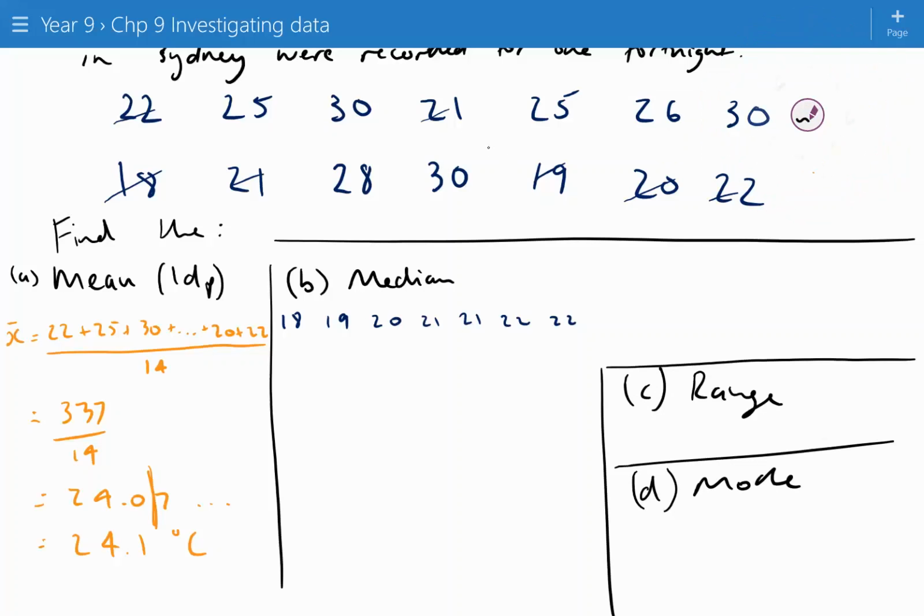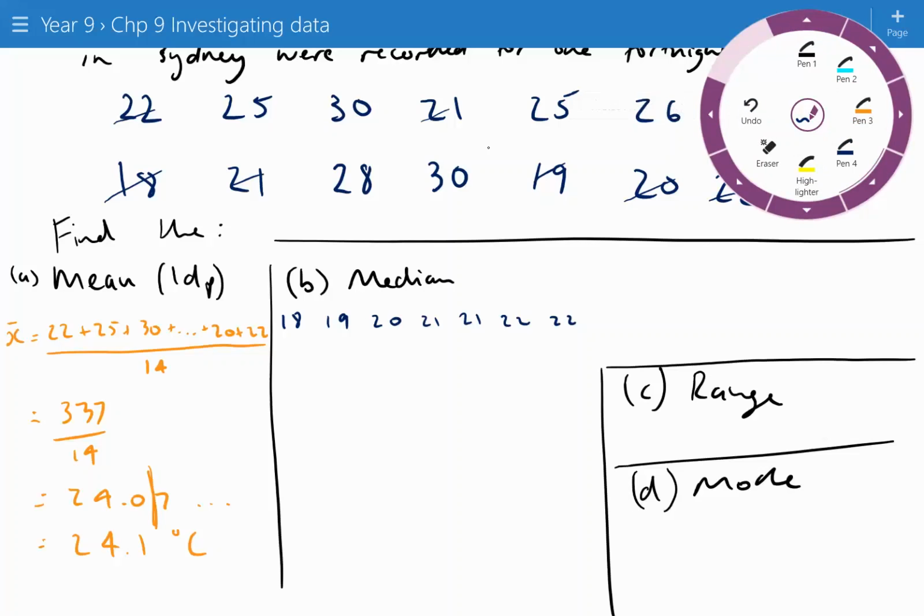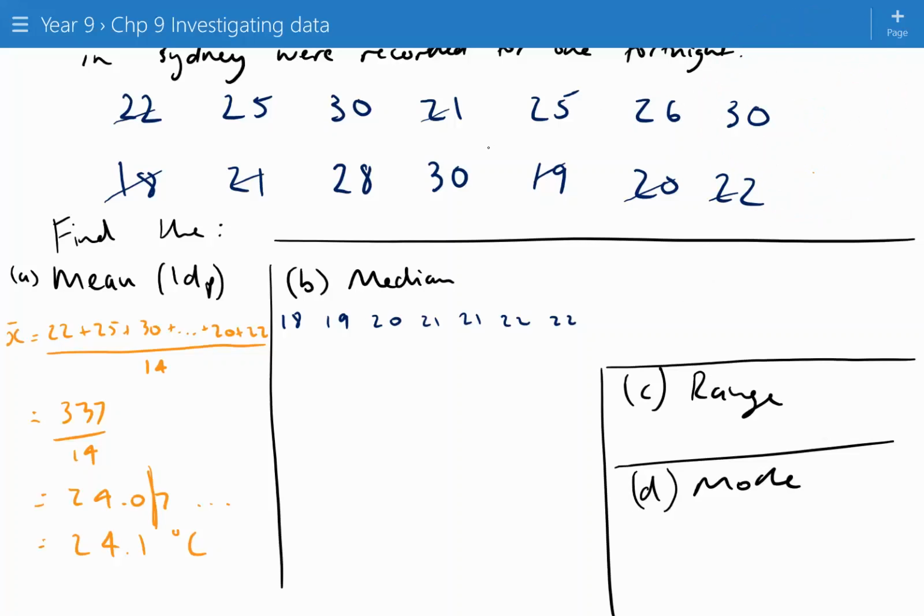It's nice when it's all in a line. So 22, I just did the two 22s. What is the next smallest one? There is a 25, another 25. I've got a 26, a 28, and then 30, 30, 30.